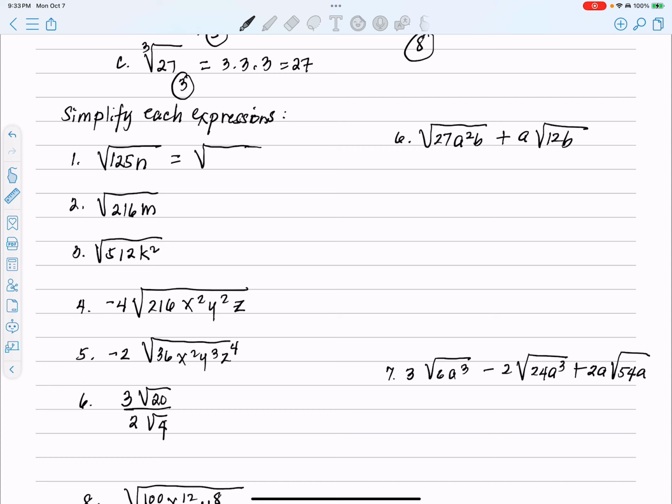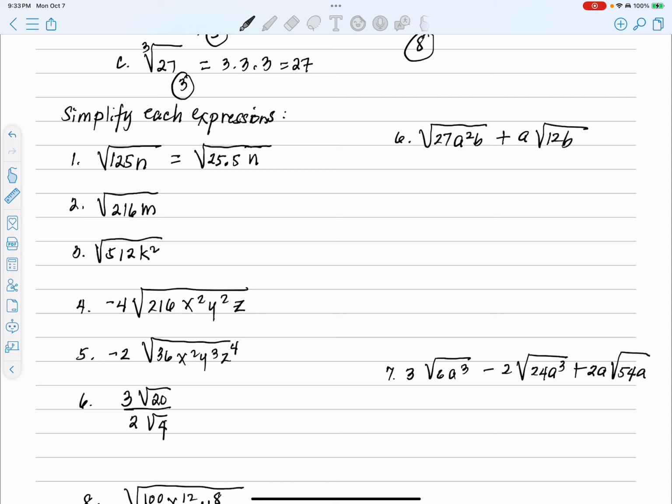If I divide 125 by 2, cannot be. 125 by 3 cannot be. 125 by 4 cannot be. 125 by 5, and I will have a factor of 25 times 5 will give me 125, in such a way that one of the factors is a perfect square, times n.